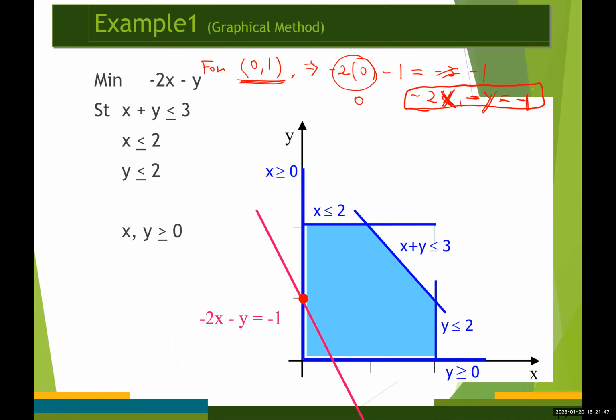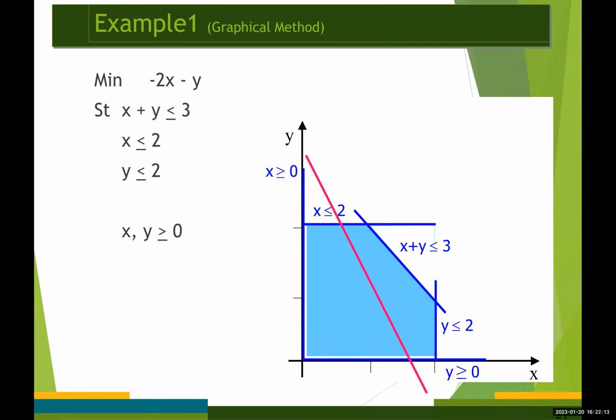So by moving parallel to the ISO value line we have just drawn, in a northeast direction, we could improve the value of z, which is -2. If you move further to the northeast direction, then we could improve the value of z, which is -4.